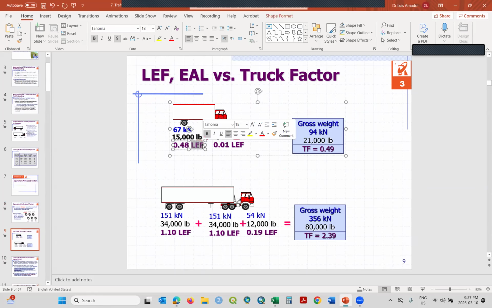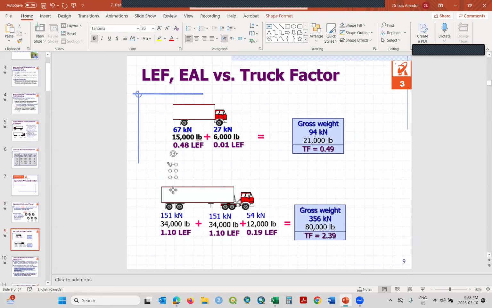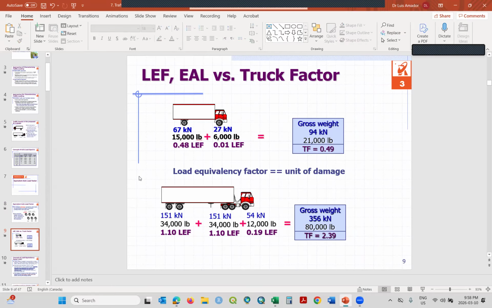The unit of damage is called the load equivalency factor. So this load equivalency factor is your unit of damage. You are probably wondering where I took this from, and there are tables and equations. For now, don't worry about it. You will read this from somewhere.